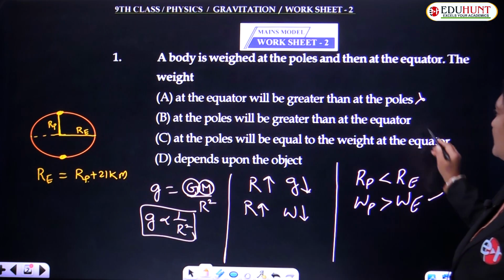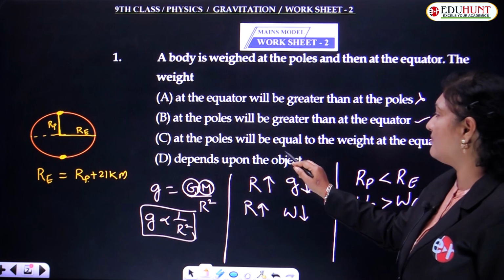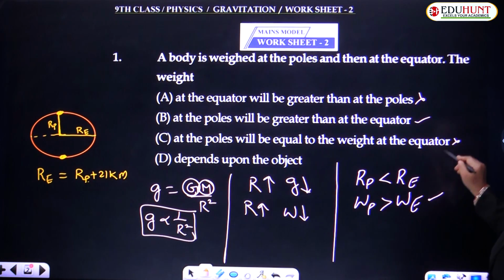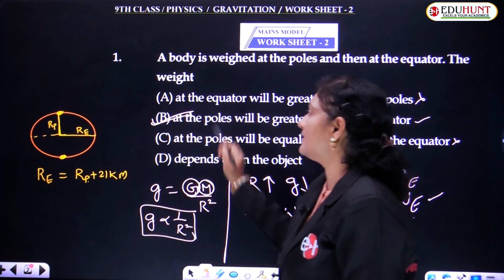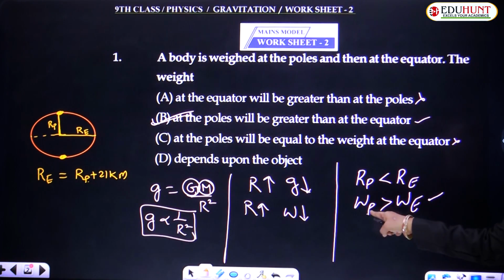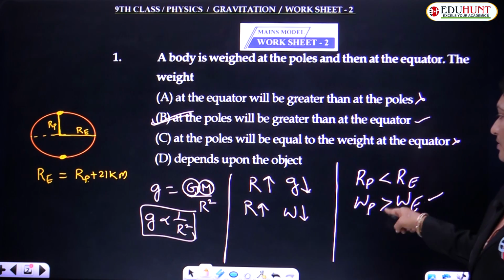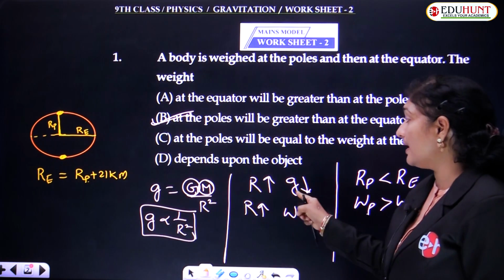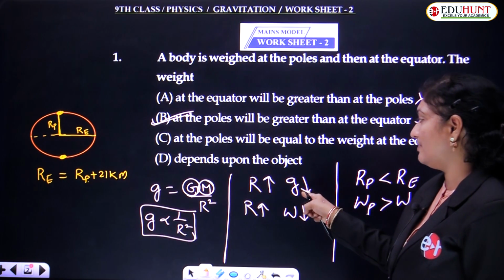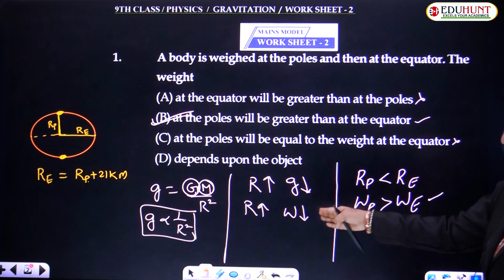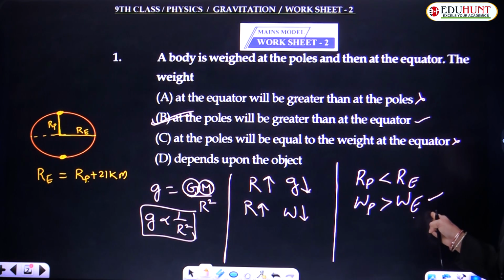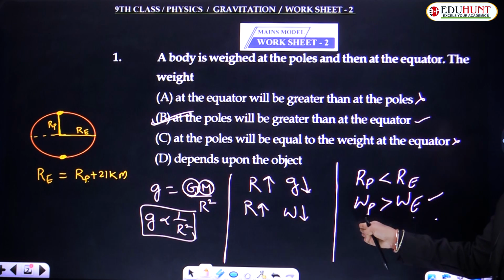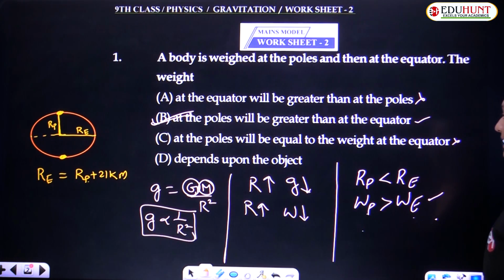Yes. Is it equal? No, not equal. At the poles it is greater. So the correct option is weight at the poles is greater than at the equator, because weight is equal to mg. The larger the radius, the lesser will be gravity, and so the lesser will be the weight. At the equator we have larger radius, so lesser weight. At the poles we have lesser radius, so larger weight.